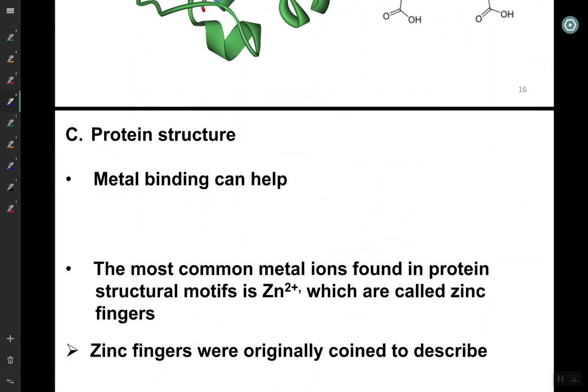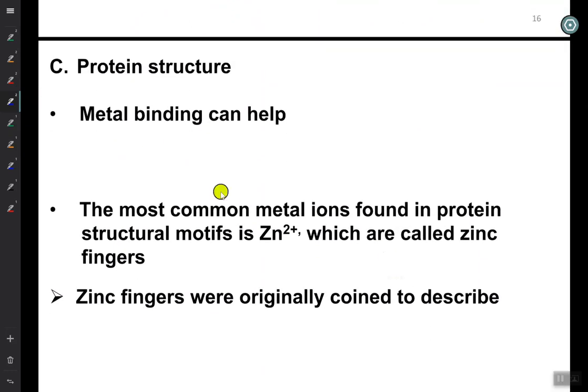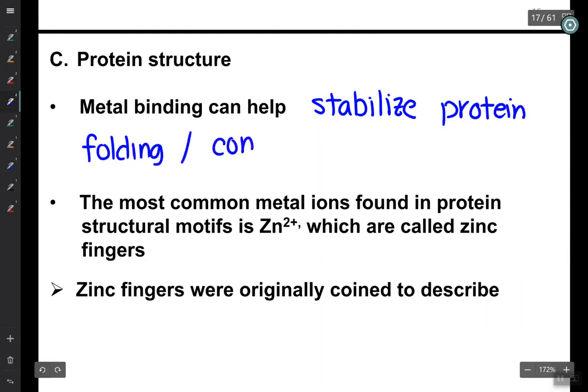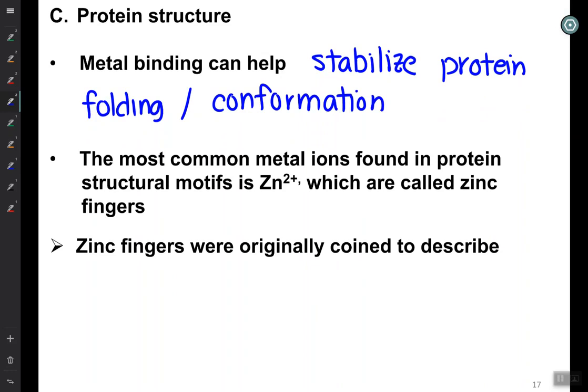Metals are sometimes used to help stabilize protein structure, so they play a structural role. Metal binding can help stabilize protein folding and maintain conformations. The most common metal used for structural functions is usually zinc 2+, and they're called zinc fingers.